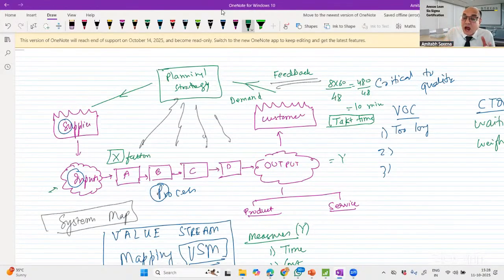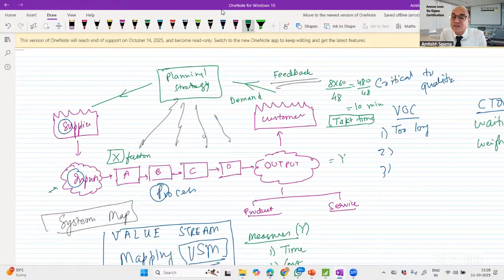Cycle time means how much time you took to produce the car. It could be 10 days, it could be 20 hours, it could be anything. It has nothing to do with takt time. Takt time is, you can say, your demand. You can say, in how many minutes you should be producing your service. Like, there are 48, you can change it to a hospital also.